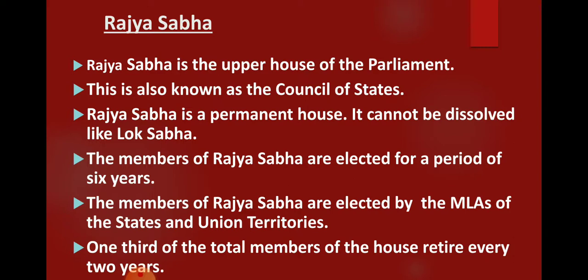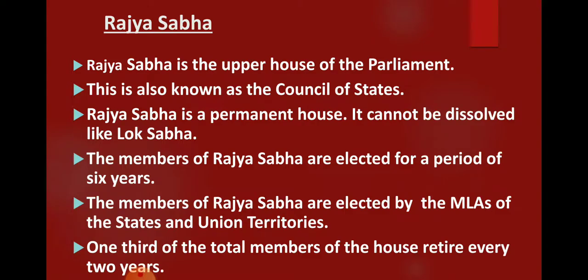In this way, the members are getting retired and getting elected. All of a sudden, the total number of members will not get retired. That is why Rajya Sabha is called a permanent house. One of the main differences between Lok Sabha and Rajya Sabha is this point. Rajya Sabha is a permanent house, whereas Lok Sabha can be dissolved.